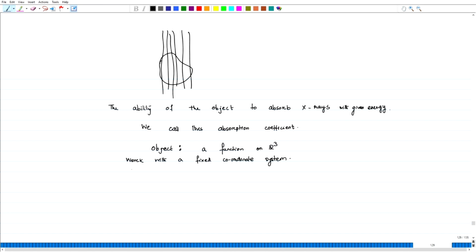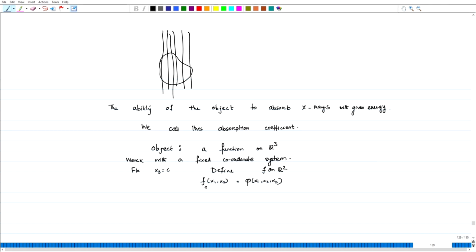Now, fix any one, let us say x3, the third coordinate, and define f_c on R2 by f_c of x1, x2 is phi of x1, x2, c, with a constant c.